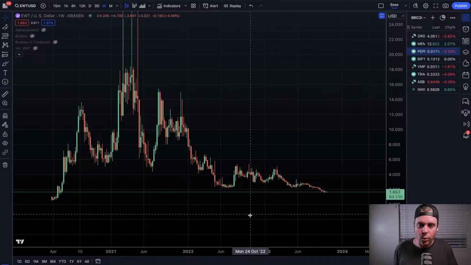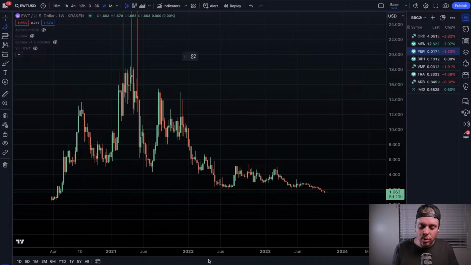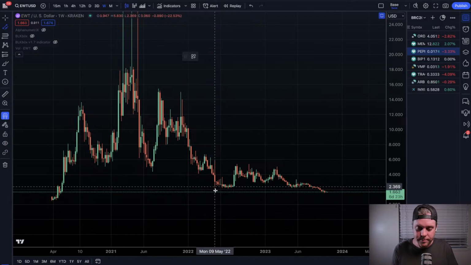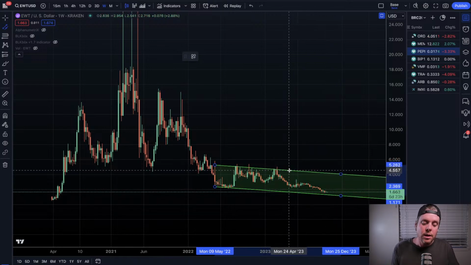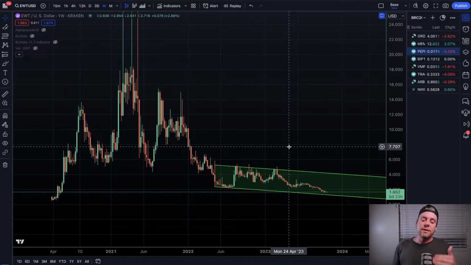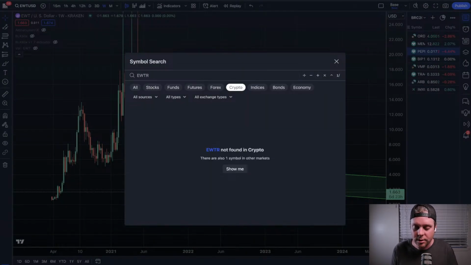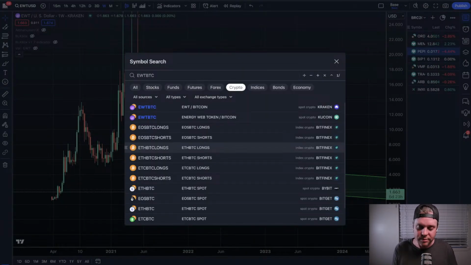So it's one of the weaker assets out there. If we put a trading range around it, you know, it's in a downtrend. So not showing relative strength, not showing comparative strength to any other asset. And I'm sure if we take a look at EWT on the Bitcoin pair, it's probably even nastier.